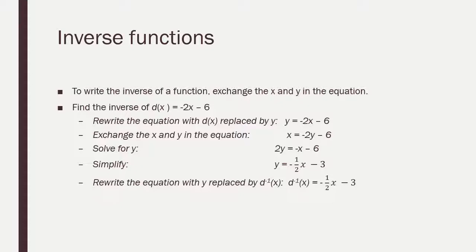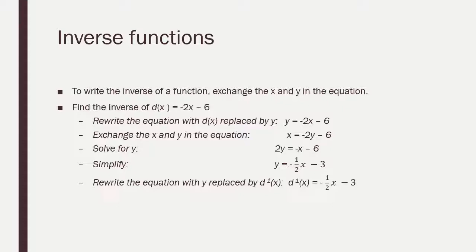In this case, I exchanged x and y and got x = -2y - 6. I want to get y by itself. I needed to add 6 to both sides and divide both sides by -2. It looks like what I did here first is I added the 2y to the left-hand side and the right-hand side to move it to the left.